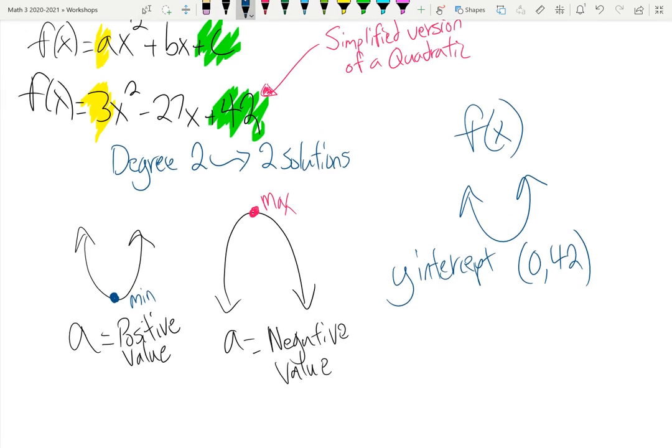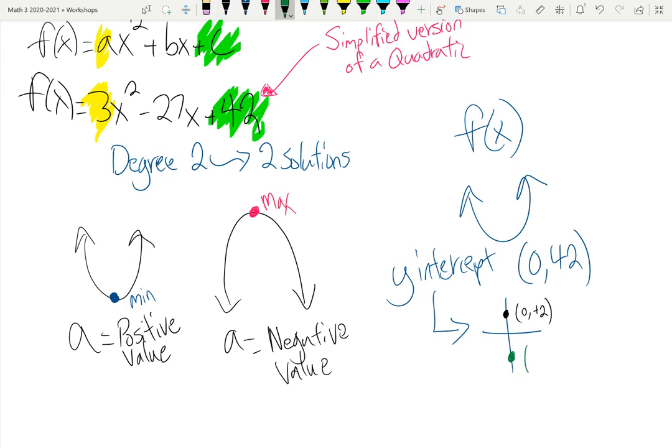The y-intercept is when the graph is touching the y-axis. It can be here or it can be here. Notice this coordinate would have to be something along the lines of 0, comma, positive 2.